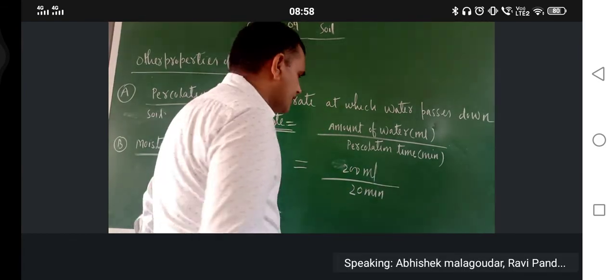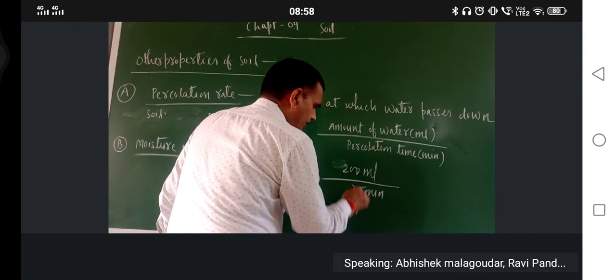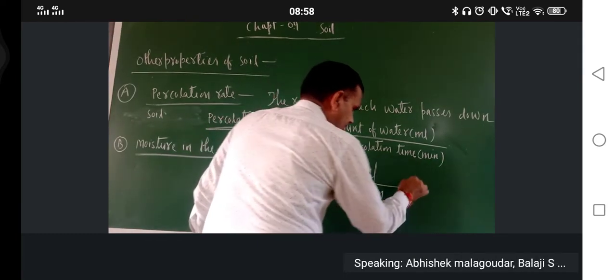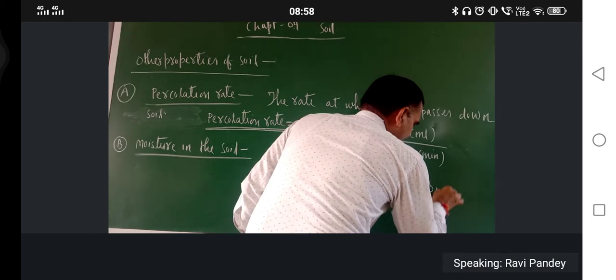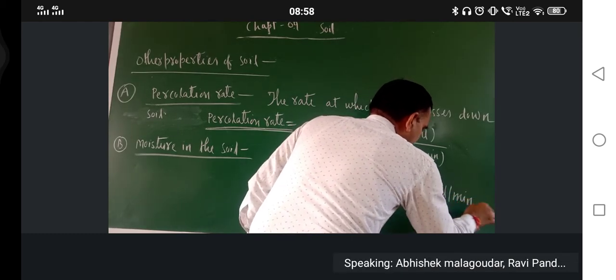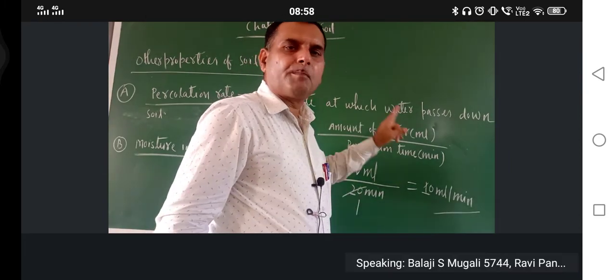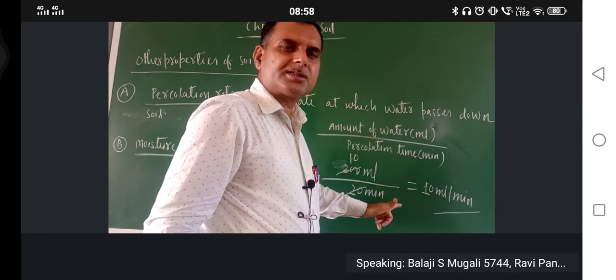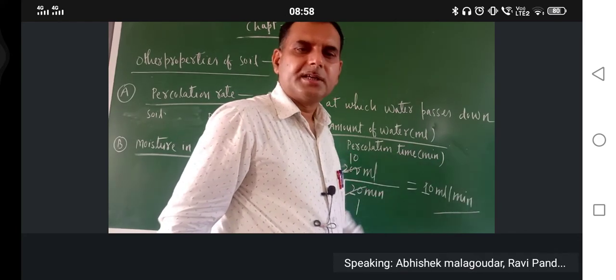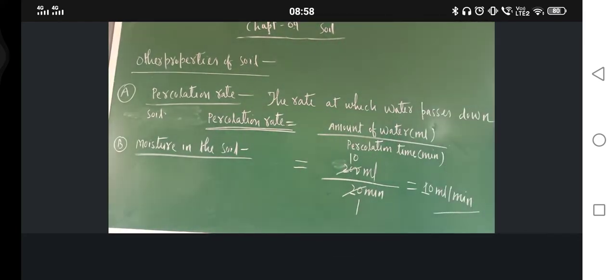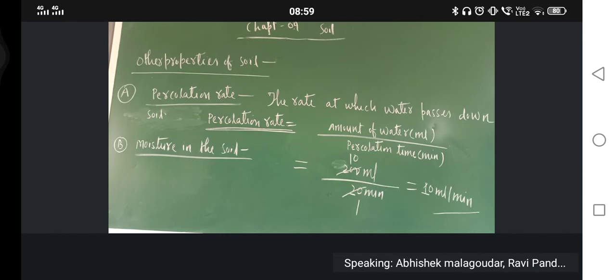So 200 divided by 20 is equal to 10 milliliter per minute. Means 10 milliliter of water passing down in the soil per minute. That is called percolation rate. Percolation rate is nothing but the rate at which water passes down the soil.